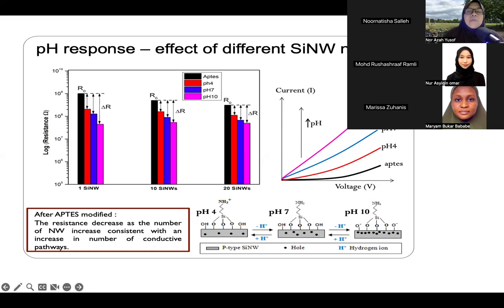From here we are happy to say that the different silicon nanowire numbers are significantly affected by pH. Conclusion is also very difficult to state, but from this small study, the results are very significant based on the different pH.